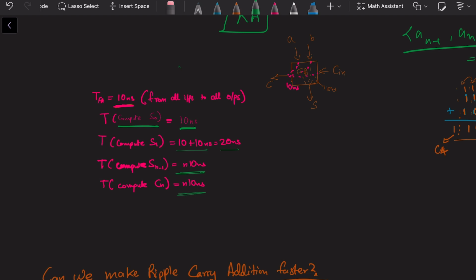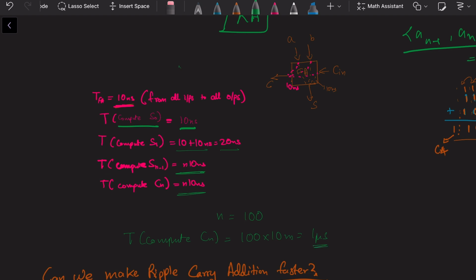Now, if say our n is 100, that is, we have 100 full adders, then the time to compute Cn is basically 100 times 10 nanoseconds, which is 1 microsecond, or 1000 nanoseconds, whatever you want to call it.